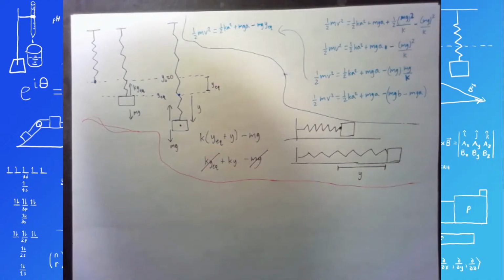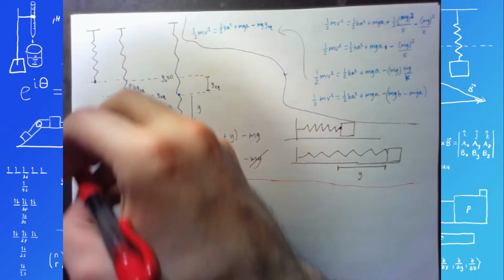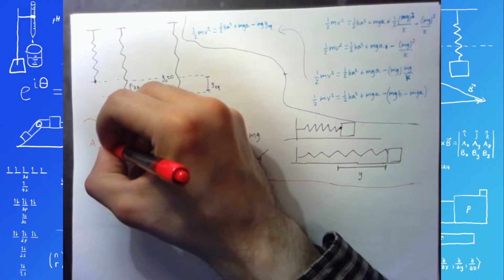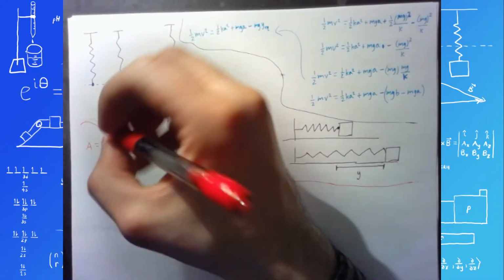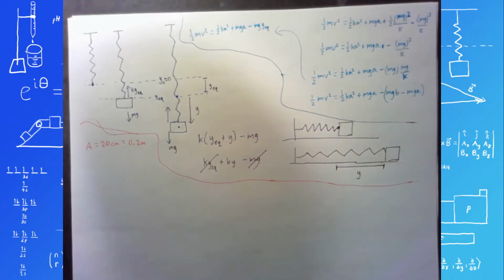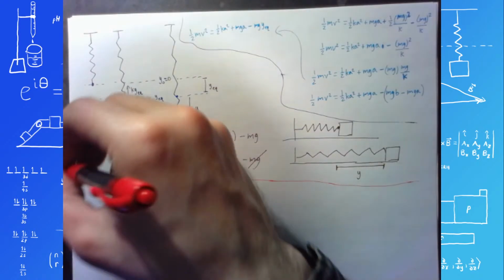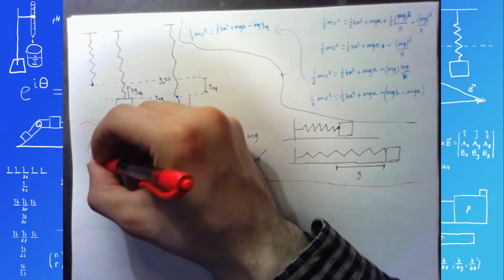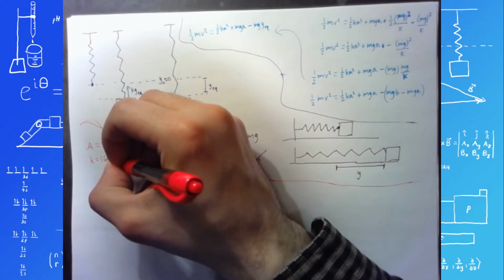So it says, at an outdoor market, a bunch of bananas is set into oscillatory motion with an amplitude of 20 centimeters on a spring with a force constant of 16 newtons per meter. So amplitude is 20 centimeters, or 0.2 if you convert it to meters. K is equal to 16 newtons per meter.